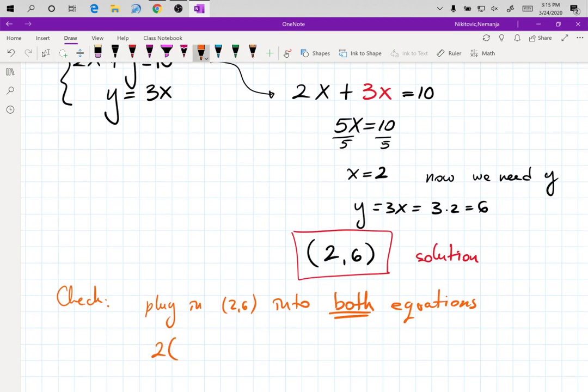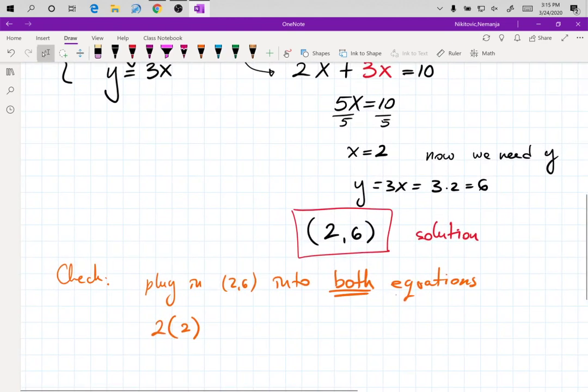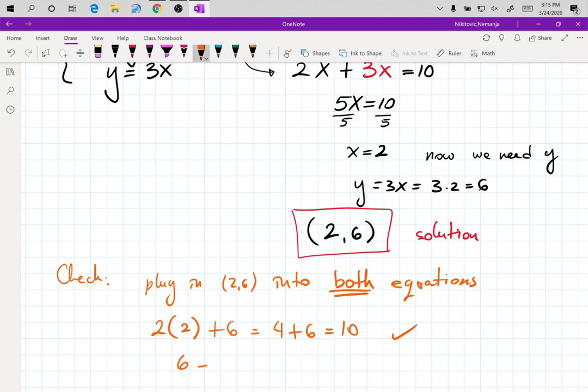So 2 times x, which is 2, plus y, which is 6, is 4 plus 6, which is 10. Good. And y is 6, which is equal to 3 times x, which is 2. 6 equals 6. That's good as well. So it worked in both equations. Therefore, (2, 6) is a solution.